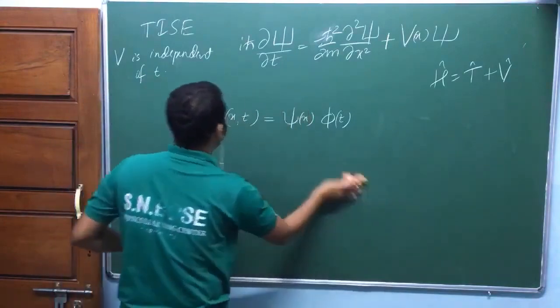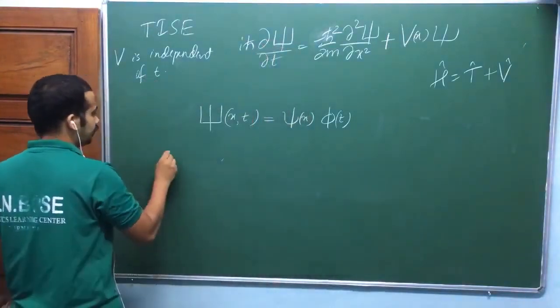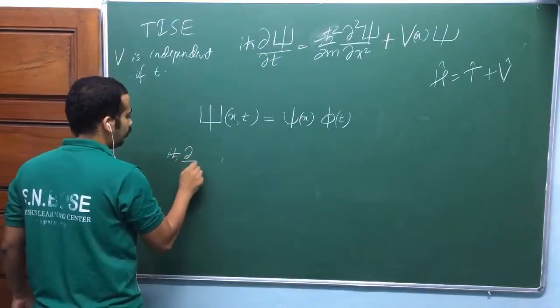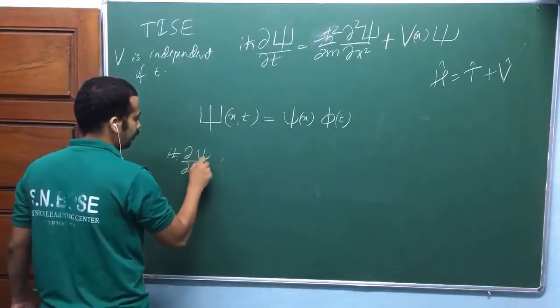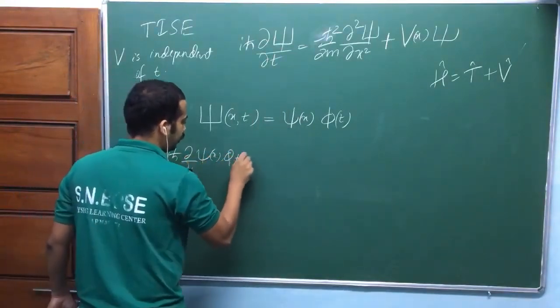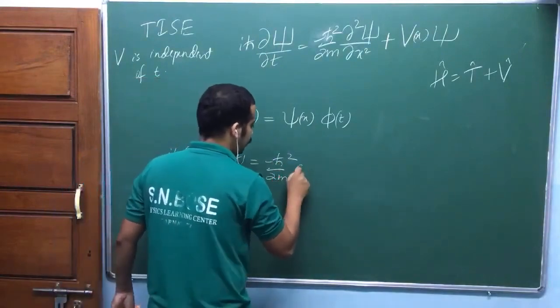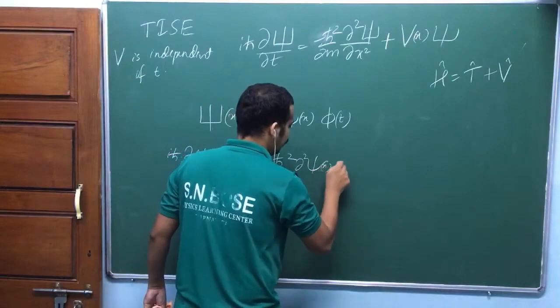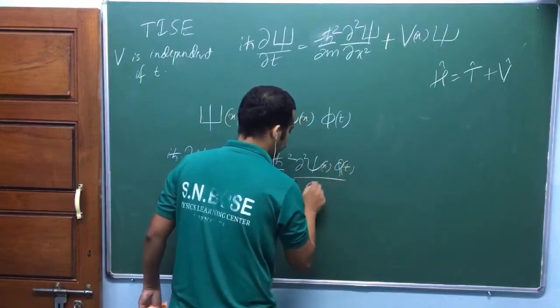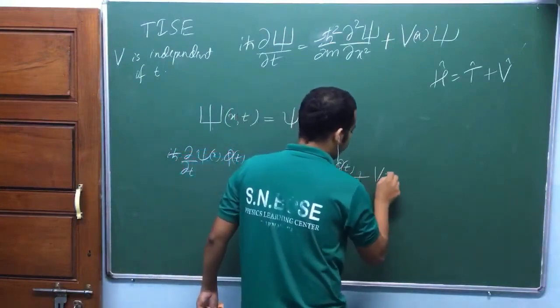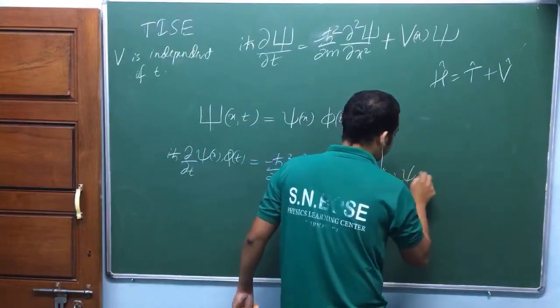Yeah. Now substitute back into the equation. What will happen is i h bar dou by dou t of psi of x into phi of t, that's equal to minus h bar square by 2m dou square psi of x into phi of t by dou x square plus V of x into psi of x into phi of t.